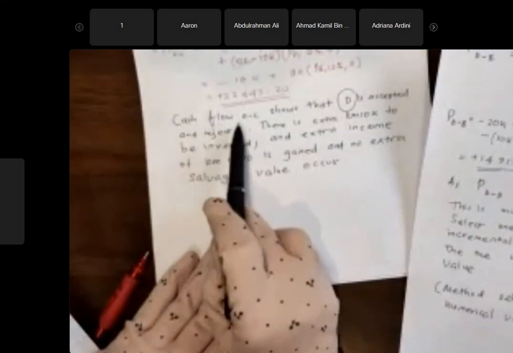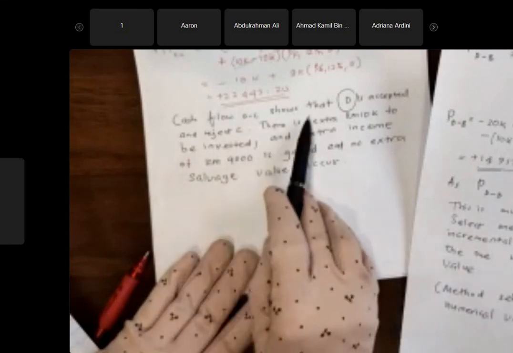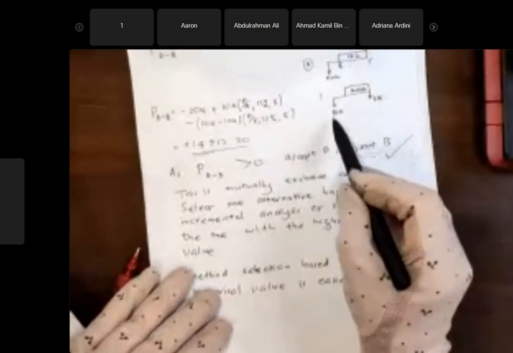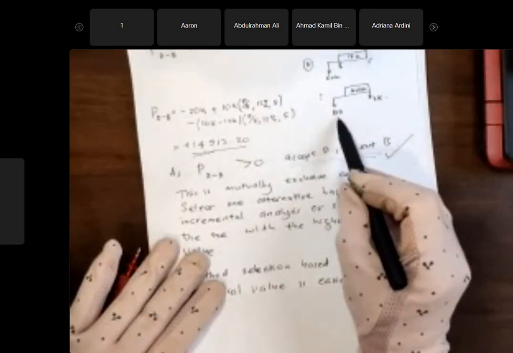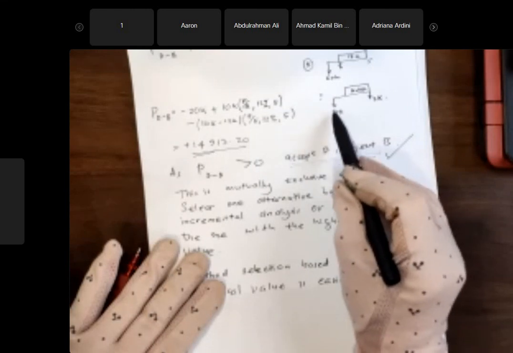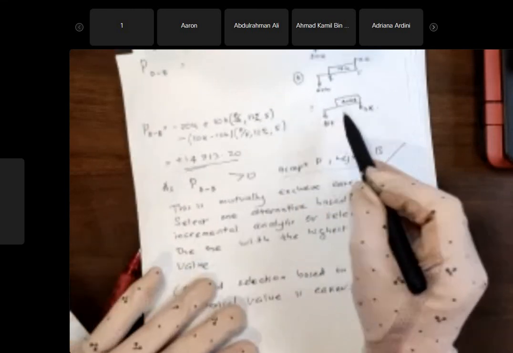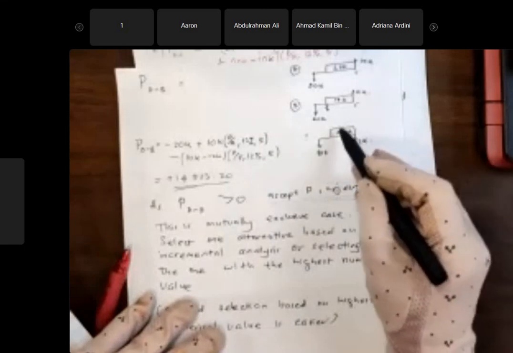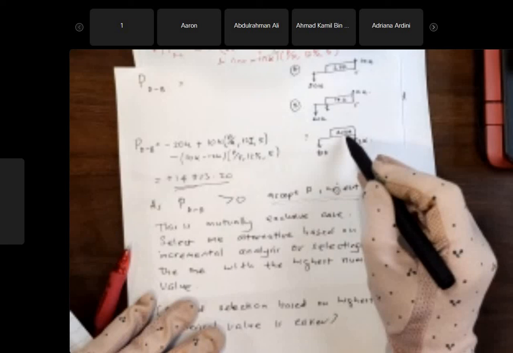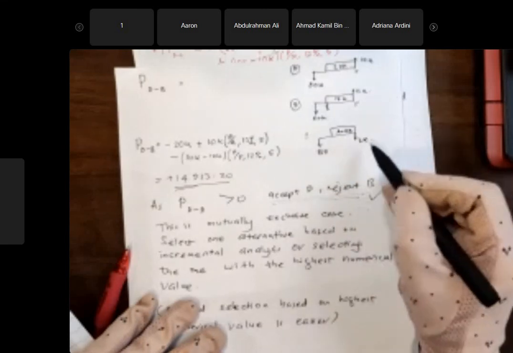So cash flow D minus B shows that if there is extra investment 20,000, and income pun sama, there is extra income of 10,000.